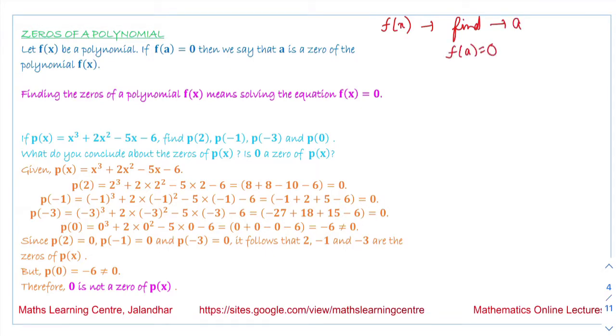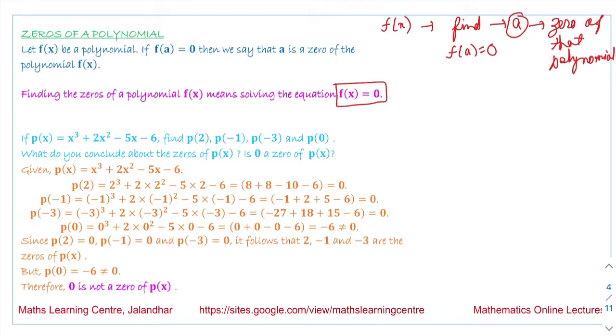If we can find such an a, we say that a is the zero of that polynomial. So finding the zeros of a polynomial means we are solving the equation f(x) is equal to 0.